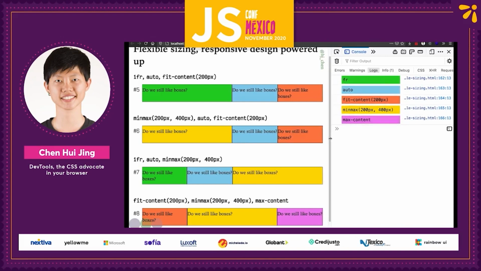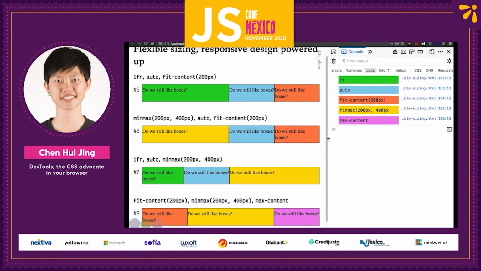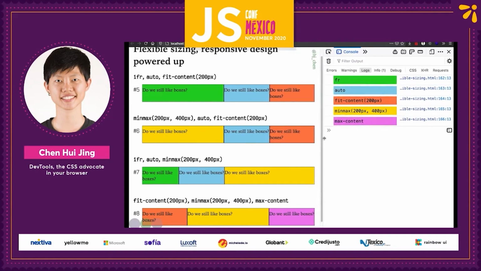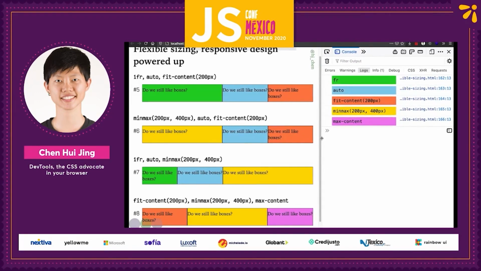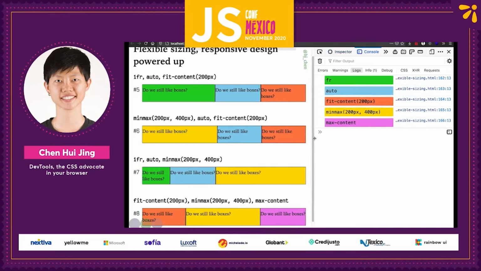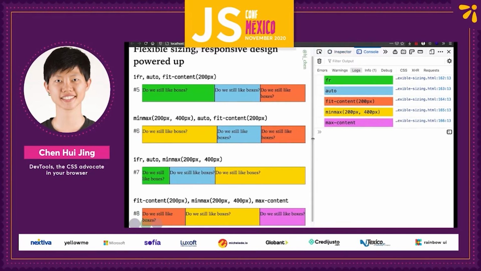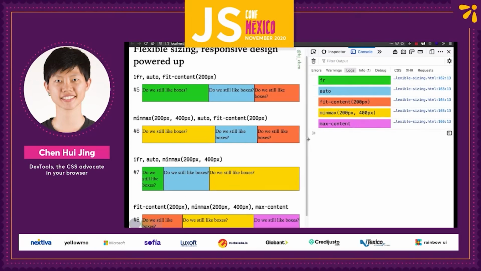It's going to keep its max content size. The next box to start shrinking is actually the gold box, the MinMax box. So you'll see MinMax starts to shrink. And as we keep going, there's one point where everybody starts to shrink together.